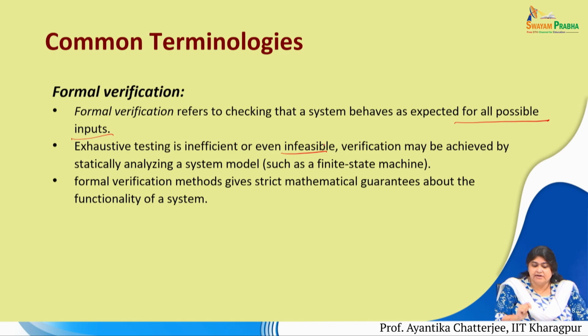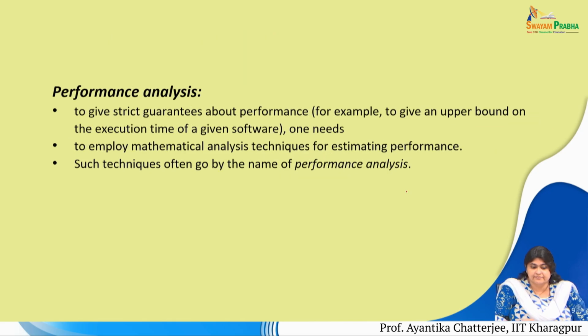So, that is why formal verification methods give strict mathematical guarantees about the functionality of the system, which ensures that we have considered all possible inputs. All these previous three that we have discussed are mostly in the context of functional verification.